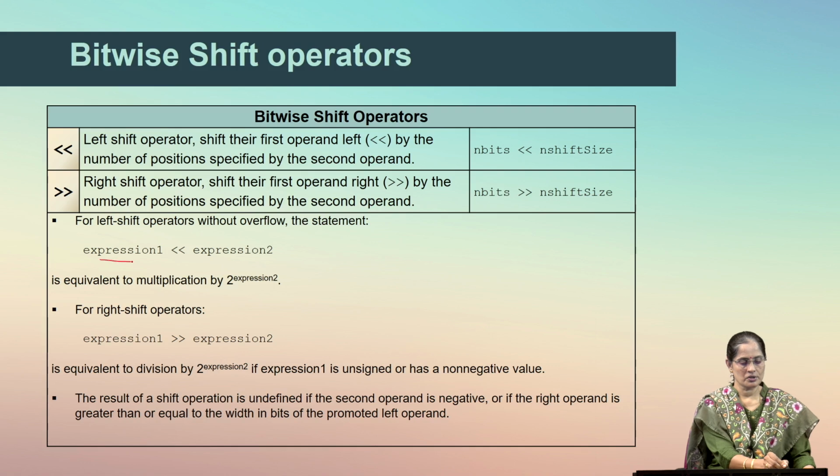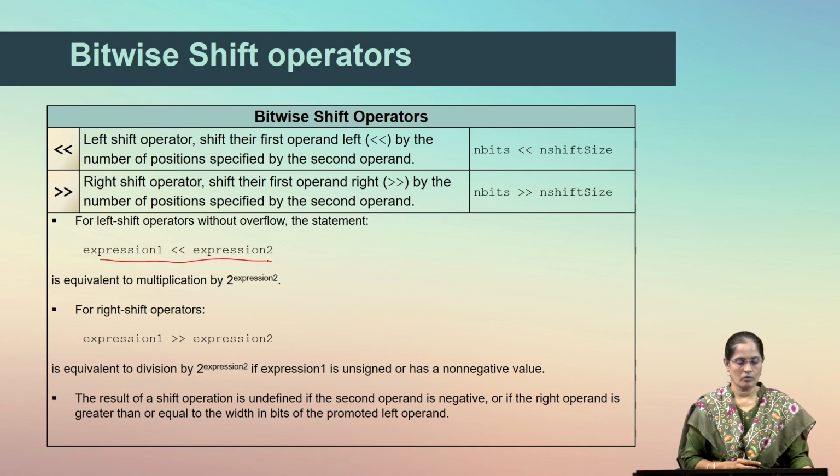We can give the left shift operation without overflow using expression 1, then the left shift operator, and expression 2. This is equal to multiplying by 2 power expression 2. Similarly, the right shift operation is equivalent to division by 2 power expression 2.